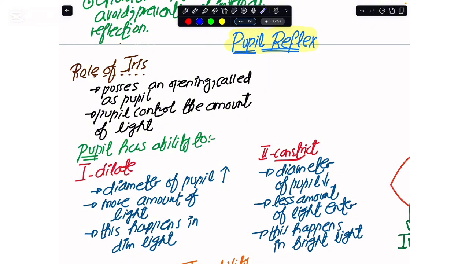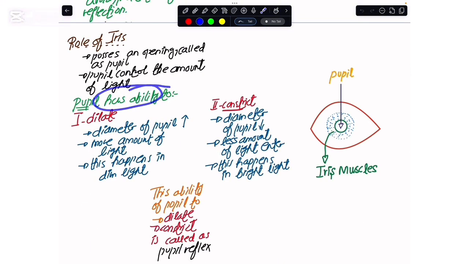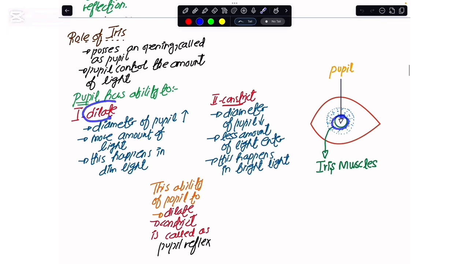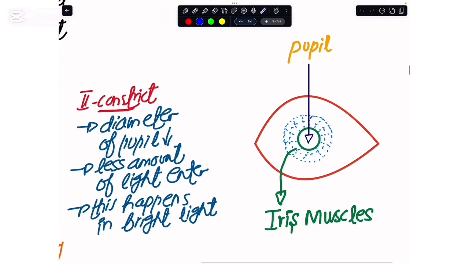The pupil in the center of the eye has an ability to dilate and an ability to constrict. By dilation, I mean that the pupil, with the help of the iris muscle, increases in diameter, and when it increases in diameter, more light enters. The same iris muscles can also cause the pupil to constrict or become narrower.